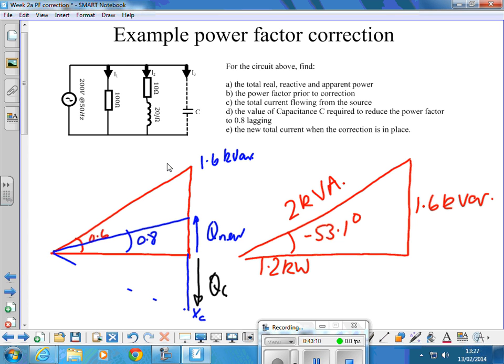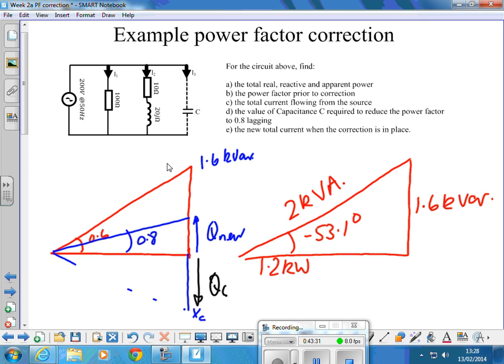You've got to get to a value for the capacitive reactance, XC, and then from that and the frequency, you can find out what the value of C is. Okay? So, carry on, have a go at that.